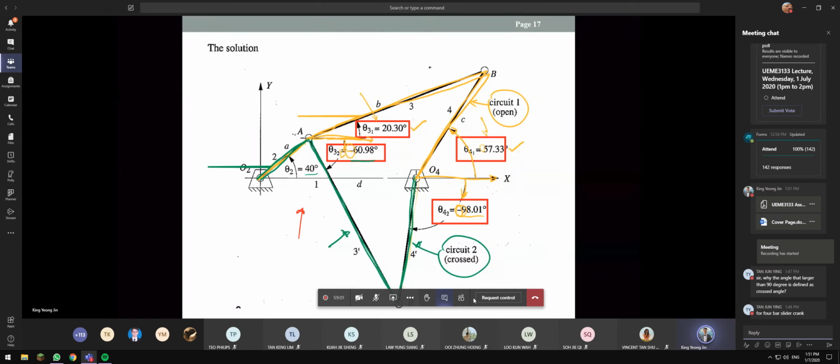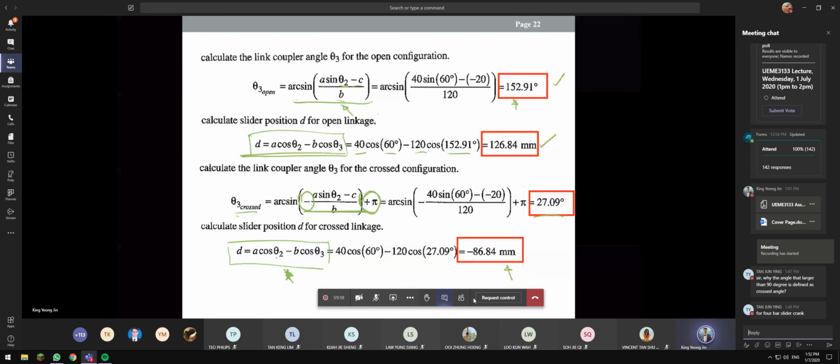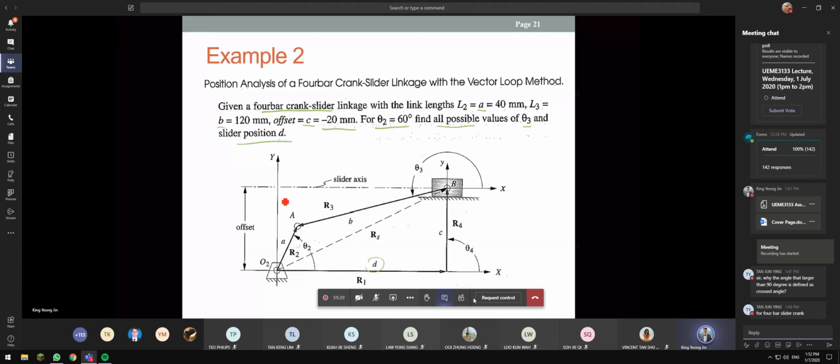Cross angle means it will be crossing the link, the axis here. Similar to this one, open angle means it will be like that. The other one will go the opposite way, to this side. So there is a cross. It will be crossing the link, the O2 axis.